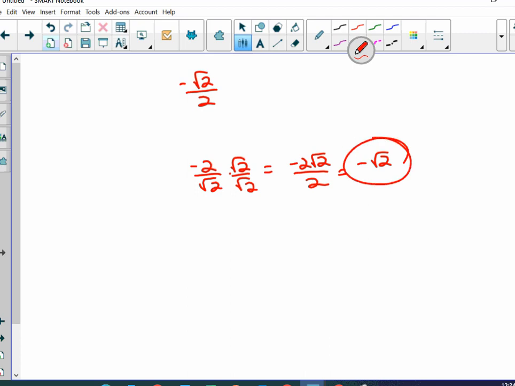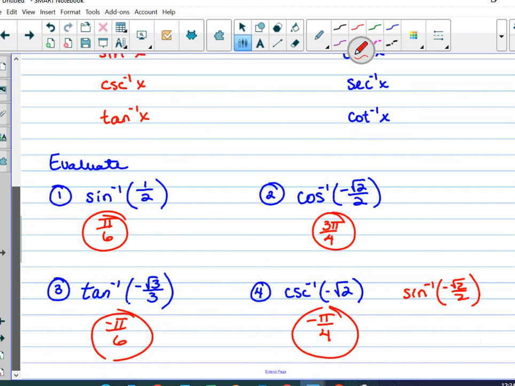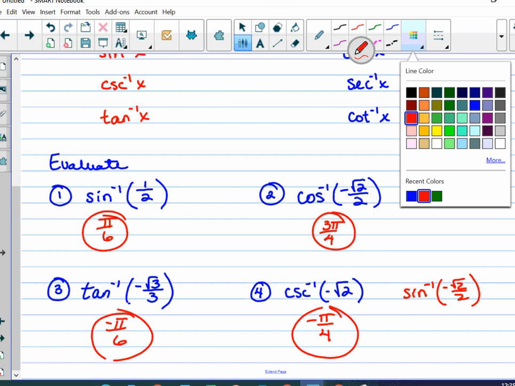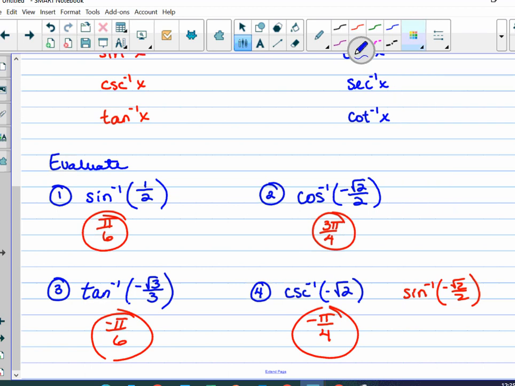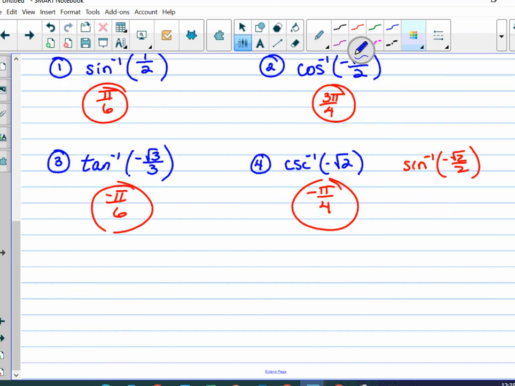You need to recognize what that is. That part's not new. If you see 2 root 3 over 3, you need to know what that is. The reciprocals are not new. Do you guys believe me yet that knowing your trig values will make things easier for you? Yes.